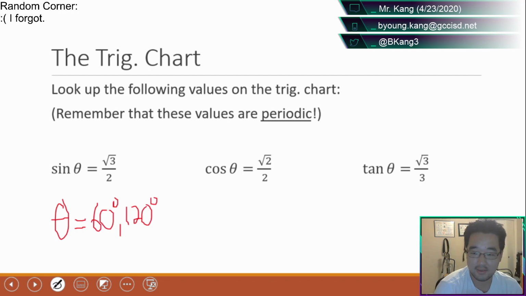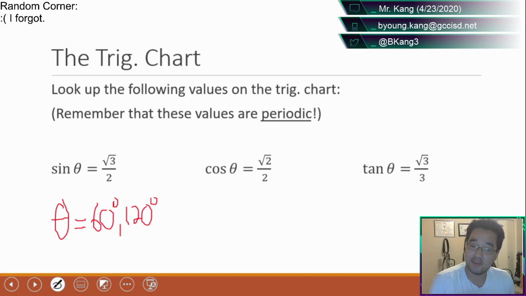Now, technically, if I asked you what are all possible answers to this question, then you would literally never stop, right? Because values are periodic. I could just spin around in a circle and add 360 to both of these, so 420 and 480. Those would also be answers.